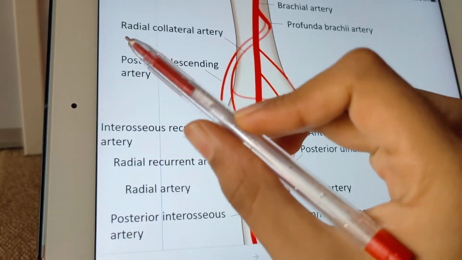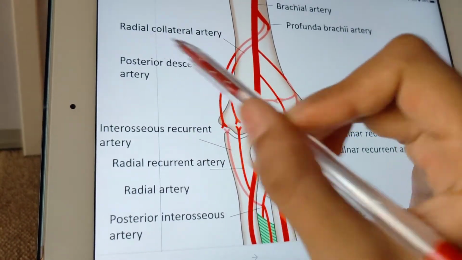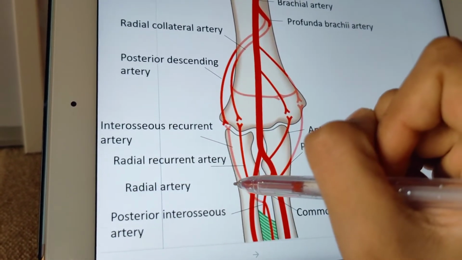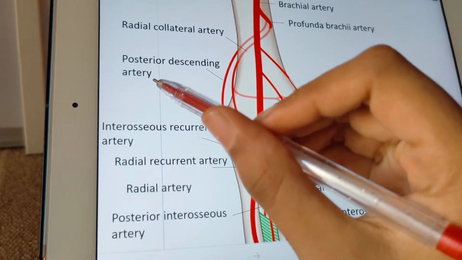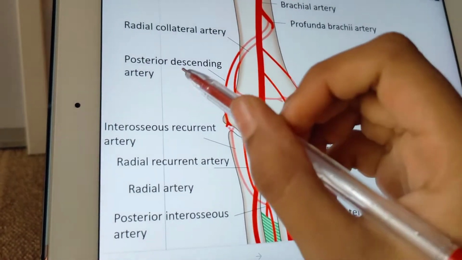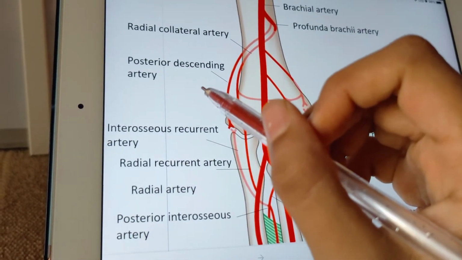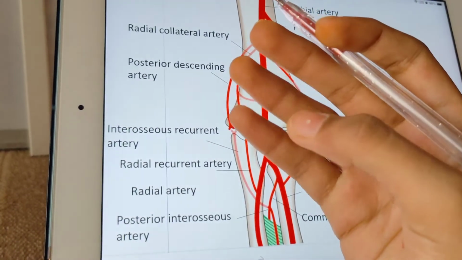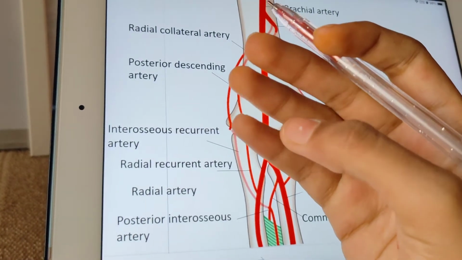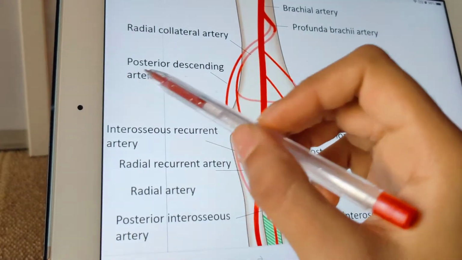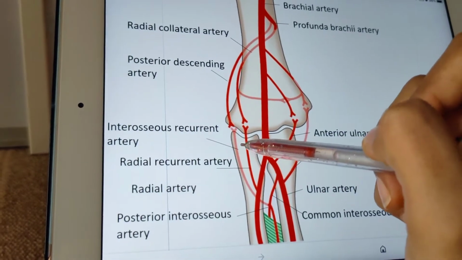Here you can check that the radial collateral artery, R, pairs with R, the radial recurrent artery. SIMR, I said MR, M means middle descending artery. SIMR, PAIR: M with I means this one pairs with the interosseous recurrent artery.